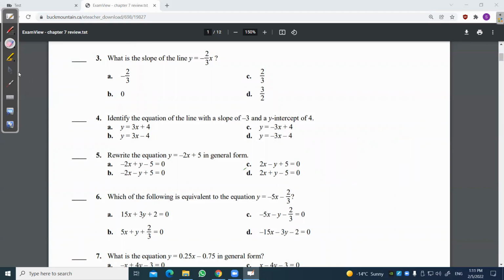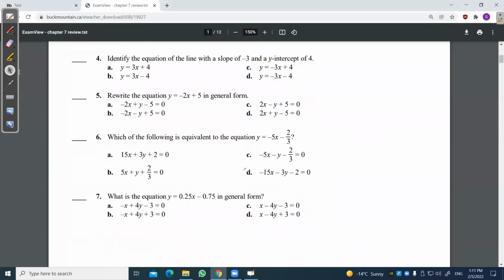What about 6? So again, you want to take 5x to the other side.